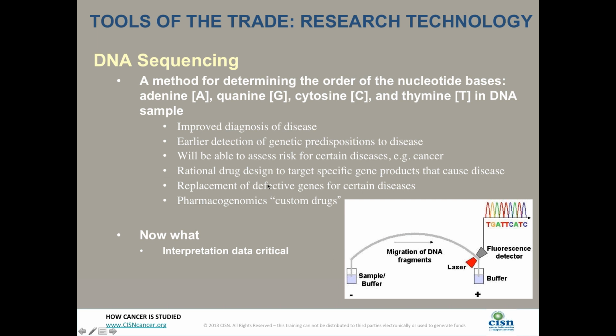The tough part, where we are now, because the technology is there, it will continue to get a little bit cheaper, it'll continue to get a little bit faster, but where we are now is, what do we do with all of that? What do we do with all of these sequences? How do we interpret that? How do we really find out what's clinically important for somebody?